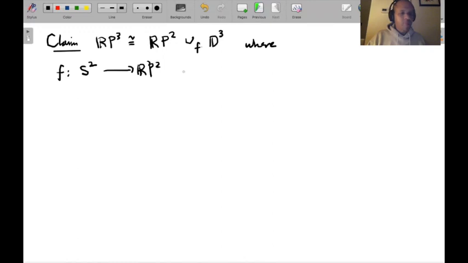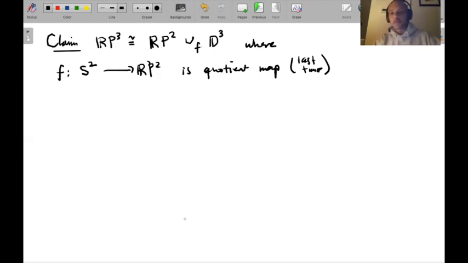And the claim is that this map is the quotient map. Last time I mentioned a description of the projective plane as a quotient of the two-sphere. So if we consider that quotient map and attach a cell along that map, that gives us the three-dimensional projective space.